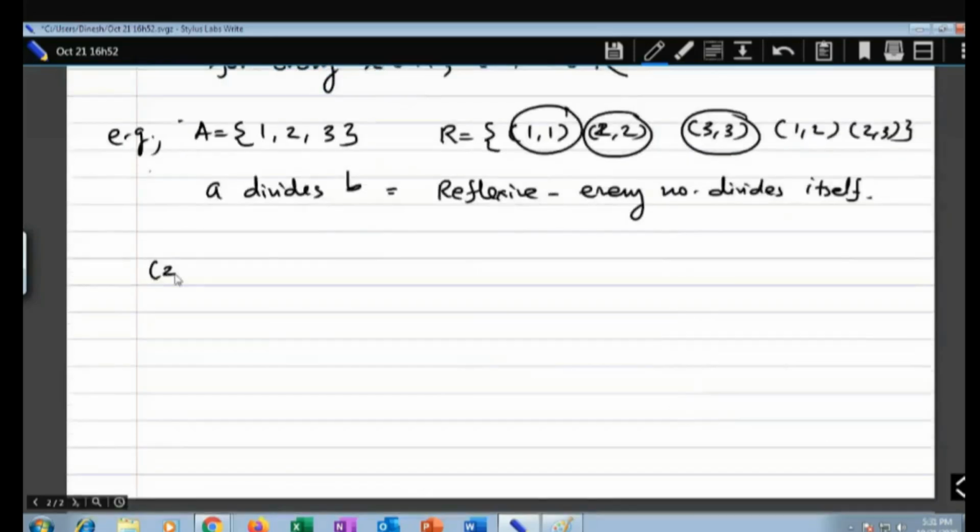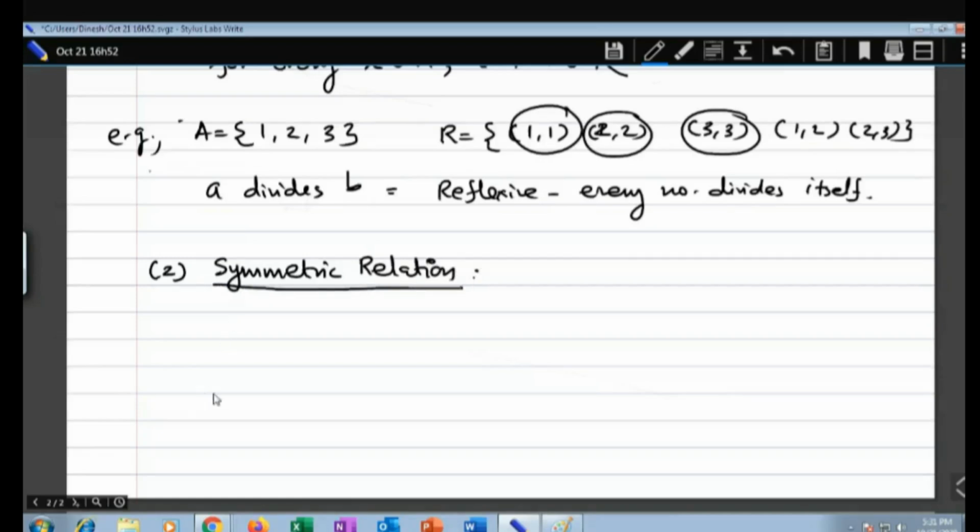Now the second type of relation is called a symmetric relation. You may have heard this word or studied symmetric relations.